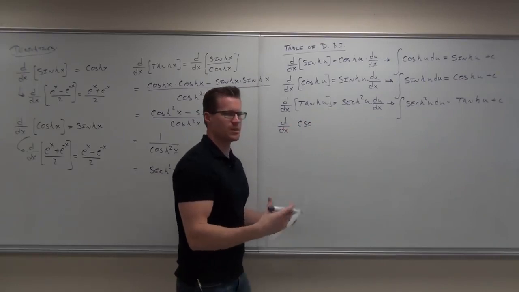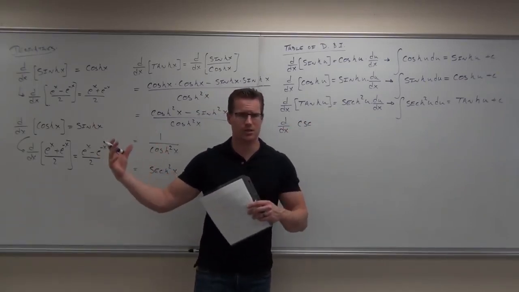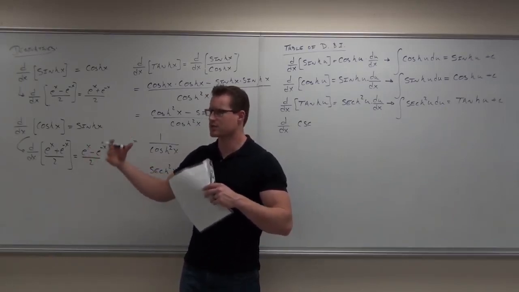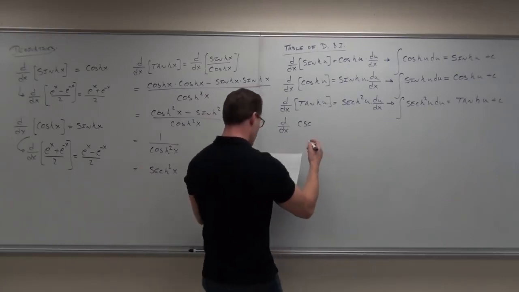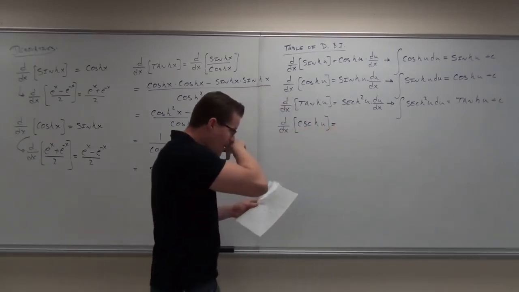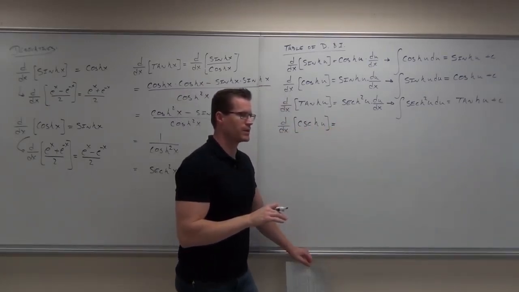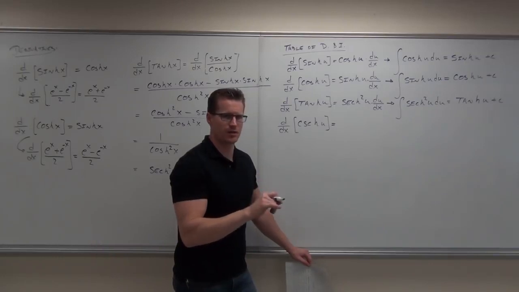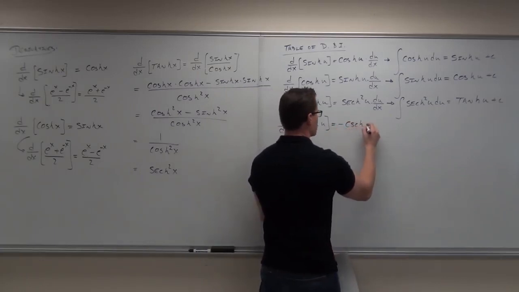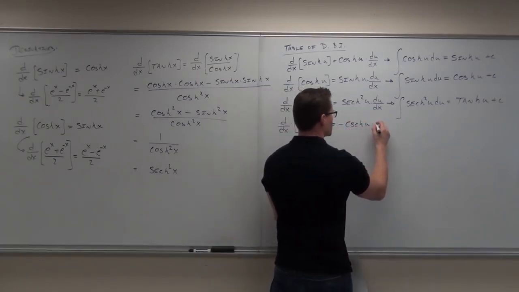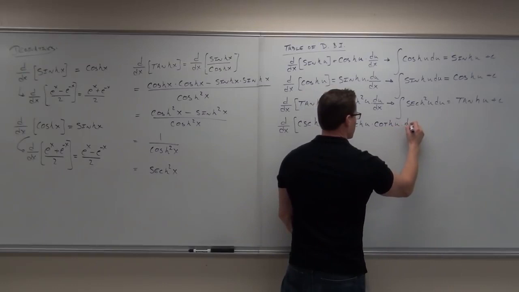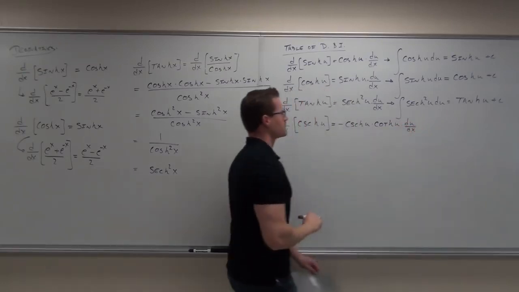Of course, some signs can be different, because as we found out with sine and cosine, the derivative of cosh is not negative sinh, it's sinh. So some of the same thing happens here. When we did the derivative of cosecant, you got negative cosecant cotangent, correct? Same thing we get here. So when we do hyperbolic cosecant, we get negative hyperbolic cosecant times hyperbolic cotangent, du dx.